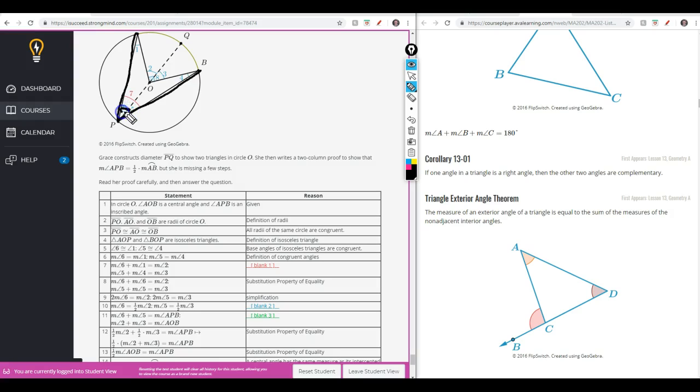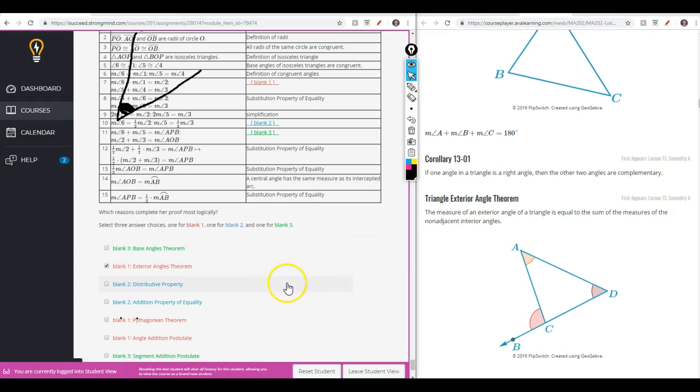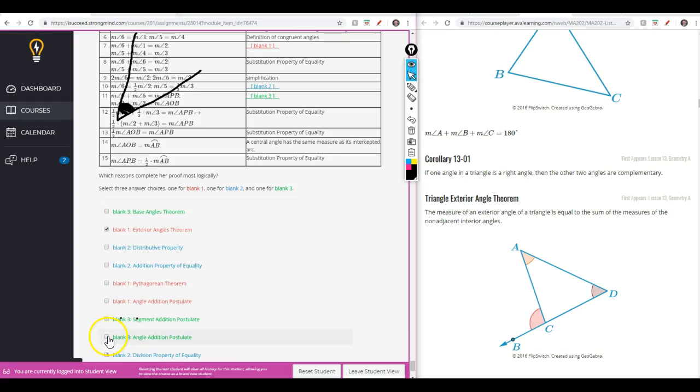So here's angle 6 and here's angle 5. Together they create angle APB. So that would be angle addition because you have 2 angles being added together to equal the total angle, which is APB. So that would be angle addition postulate.